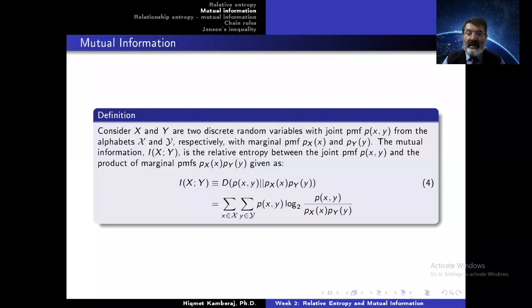The mutual information I of X and Y is the relative entropy between the joint probability mass function p of x and y and the product of marginal probability mass functions p of x times p of y, and it is given as the following: I of X and Y equals the relative entropy between p of x and y and the product p of x times p of y, which is equal to the double sum over x in the alphabet set chi and y in the alphabet set epsilon of p of x and y times log base 2 of the ratio p of x and y over the product p of x times p of y.